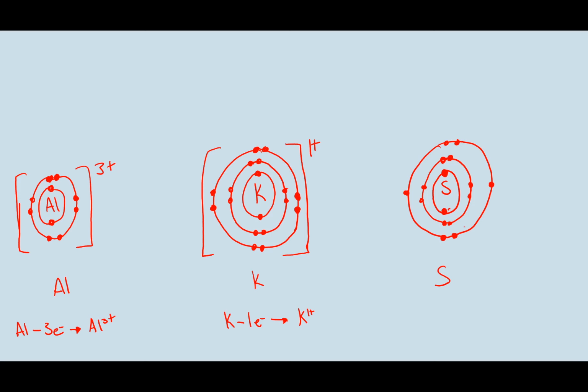Looking at this, we know that sulfur wants to have a stable outer shell. So we have to either add 2 electrons to this atom or lose 6 electrons.